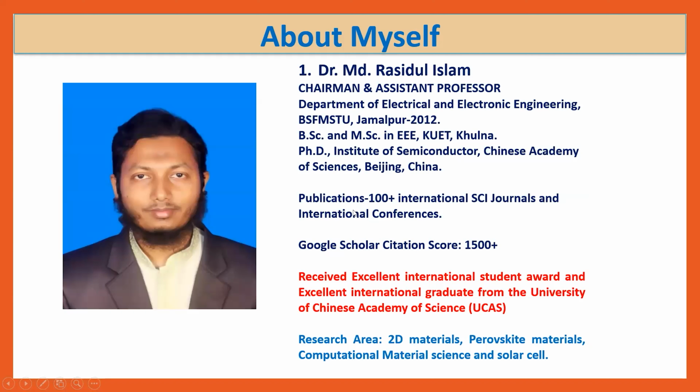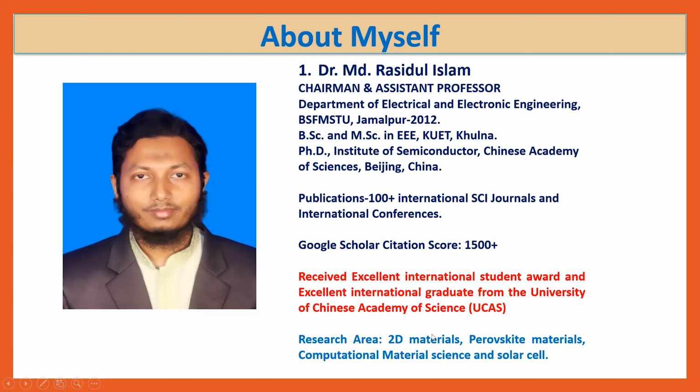I have published approximately 100 plus international journal papers and international conferences, and my Google Scholar citation score is 1,500 plus. As achievements, I received the Excellent International Student Award and Excellent International Graduate from the University of Chinese Academy of Sciences.